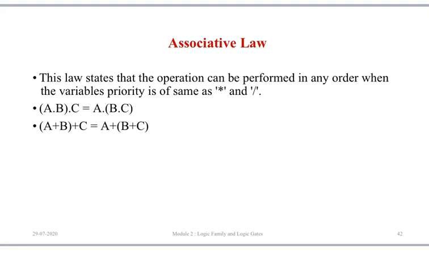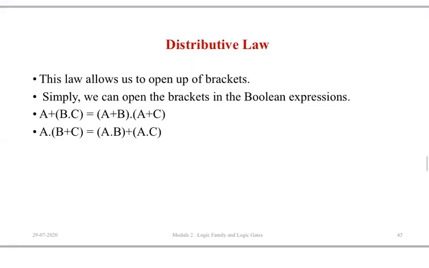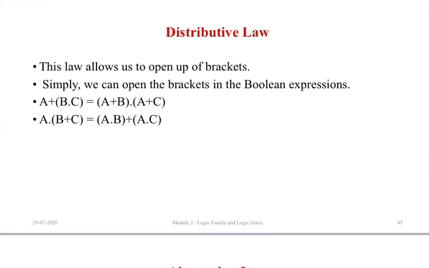Next one, this also we have seen, the distributive law. This law allows us to open up brackets. So A plus B into C, I simply open up the brackets, so it is A plus B into A plus C. And then A into B plus C will give me AB plus AC.